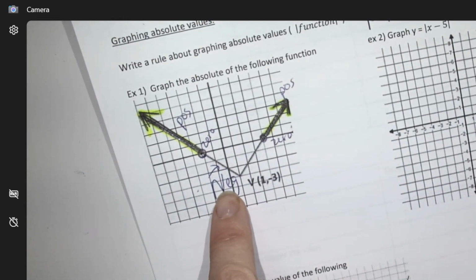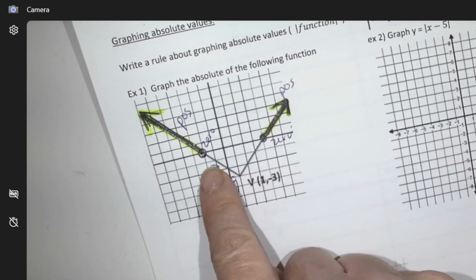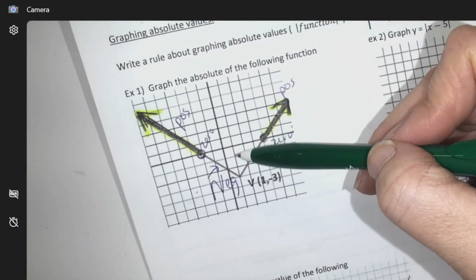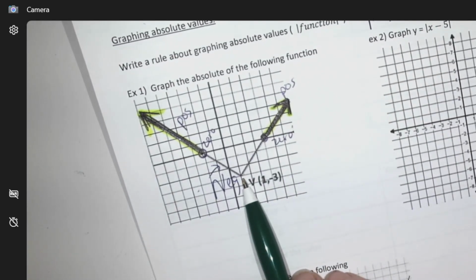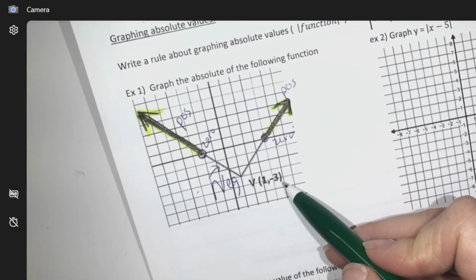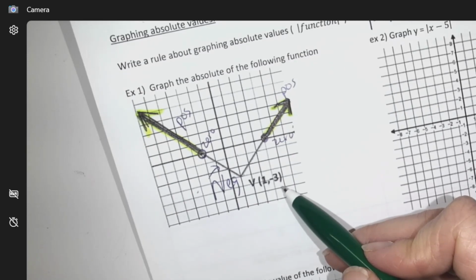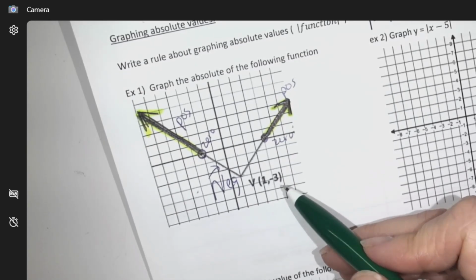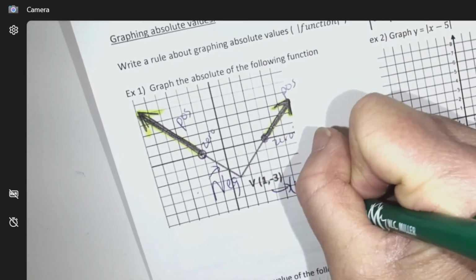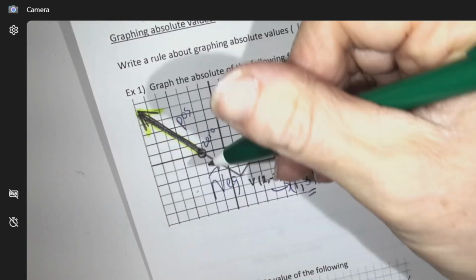Now, this section of the graph has a negative height. This whole section is negative, so I'm going to change it. If I go to this bottom here, this coordinate is the coordinate 1, negative 3. What am I going to do? I'm going to change the coordinate to 1, positive 3.